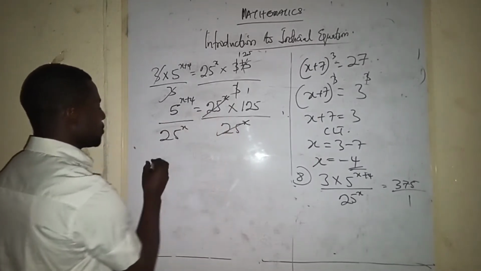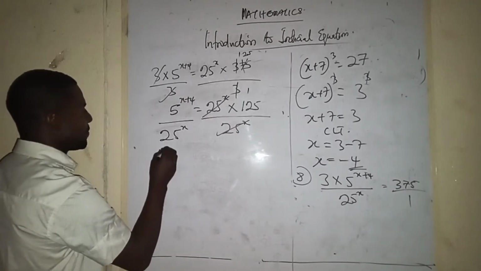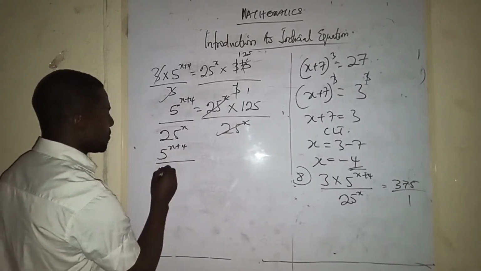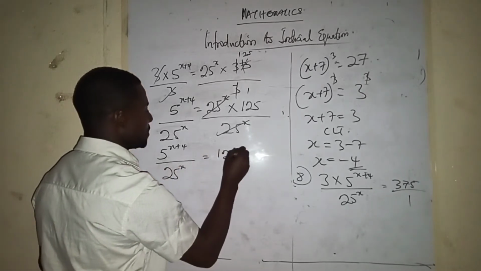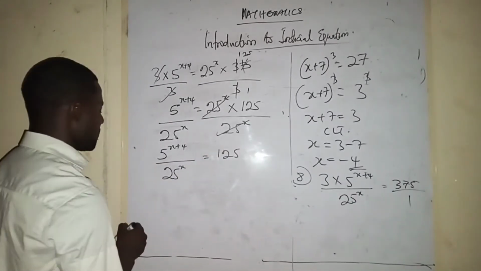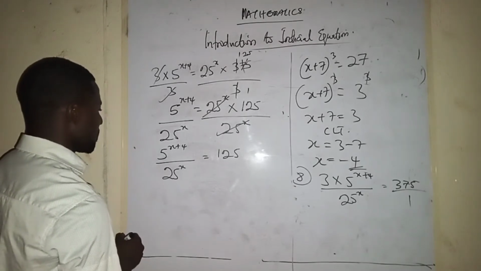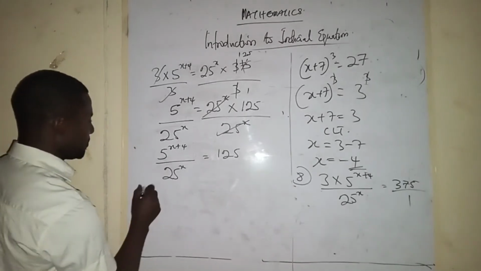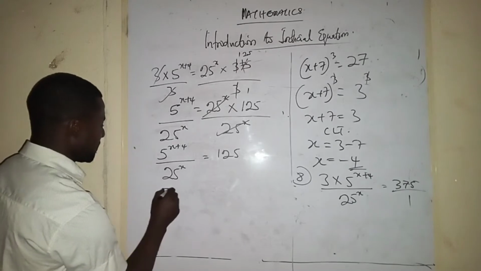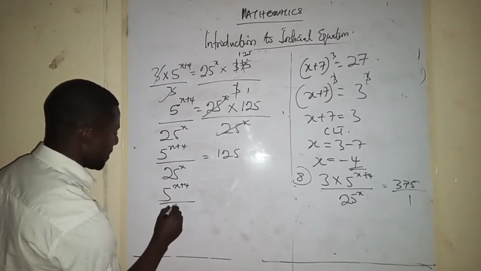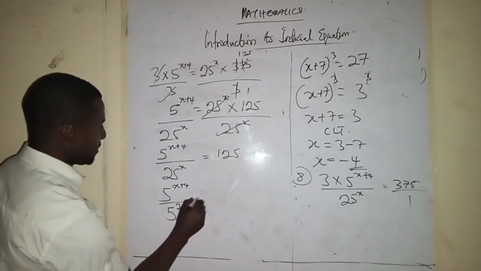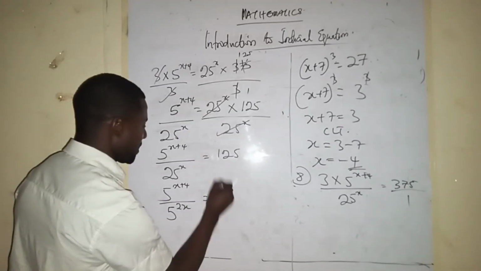We'll cancel this one. So you have 5^(x+4) over 25^x is equal to 125. Okay, so that's what we have here. It becomes 5^(x+4) over 5^(2x) is equal to 5^3.